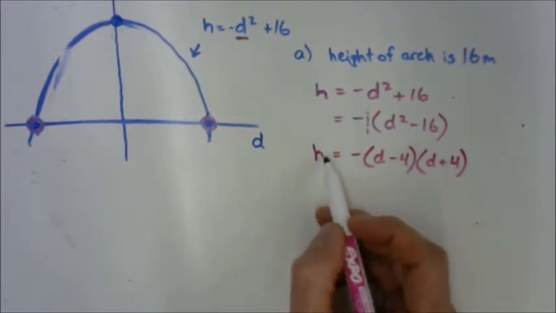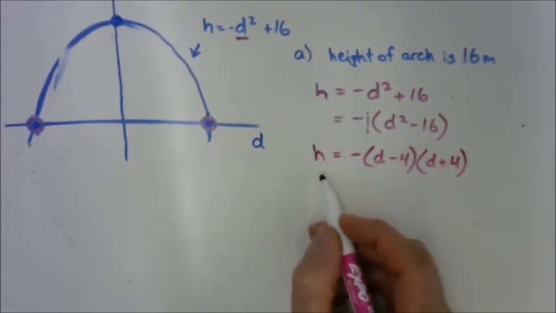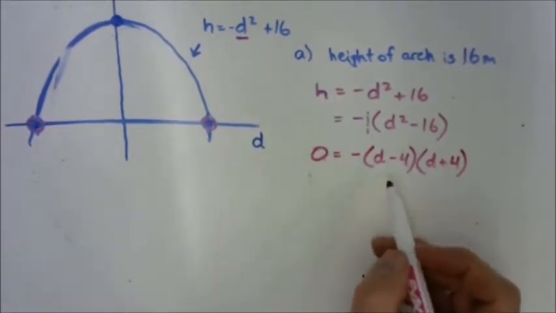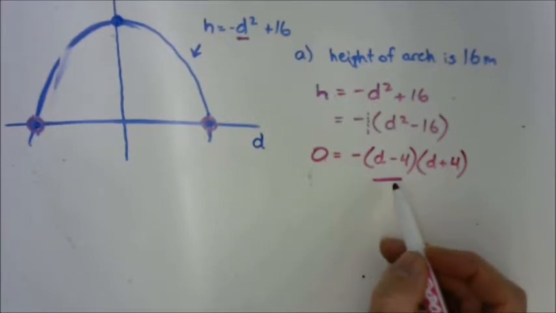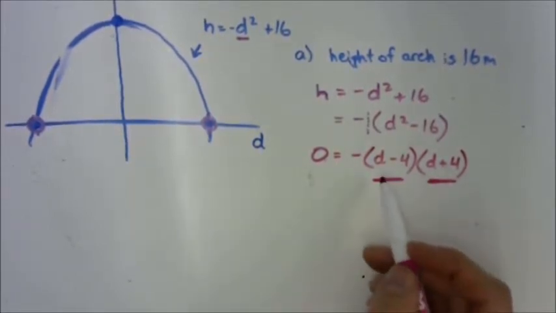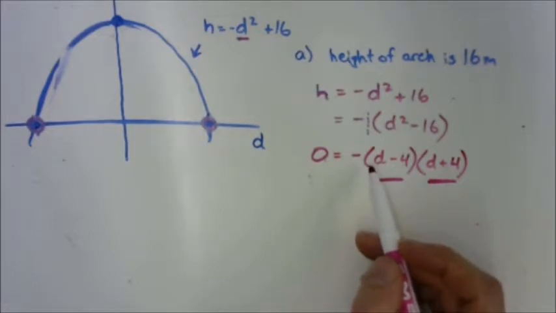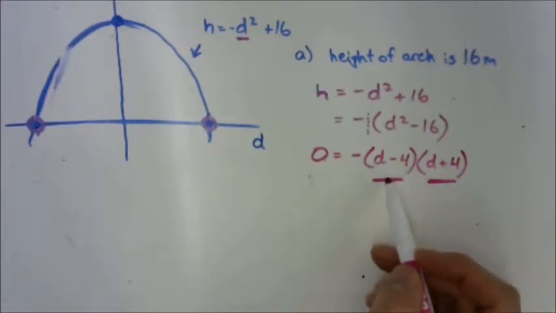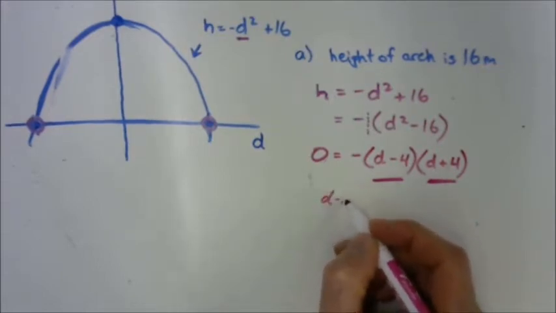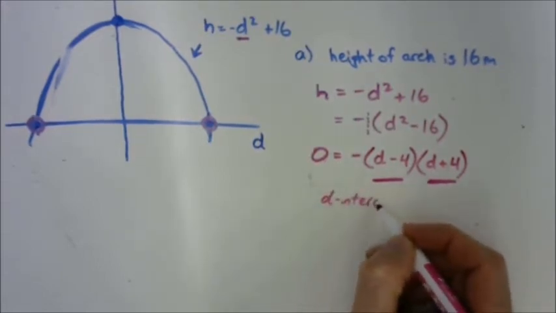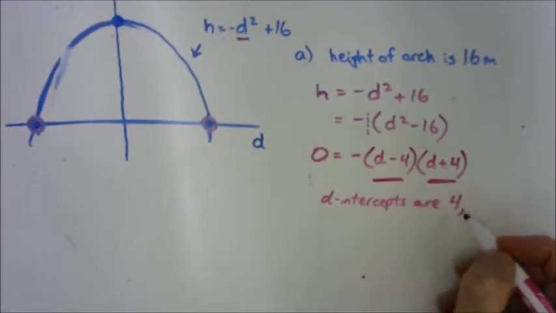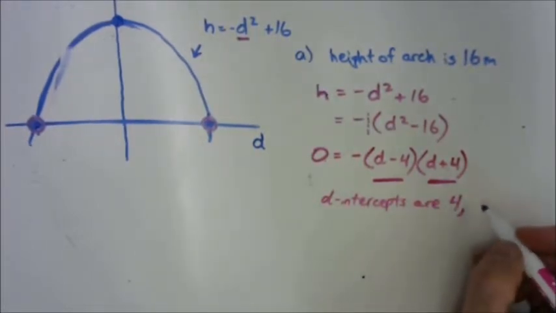Now if we set h equal to 0, then either this factor equals 0 or this factor equals 0. What is going to make this factor equal 0? A d value of 4. So our d intercepts are positive 4 and negative 4.